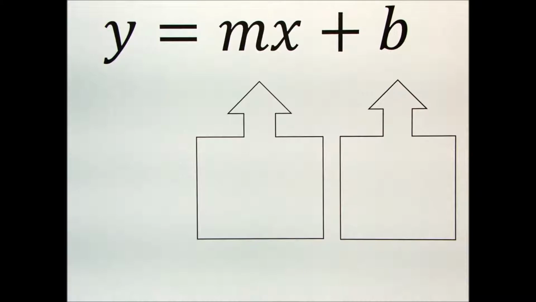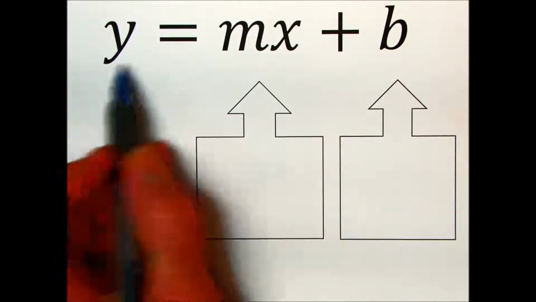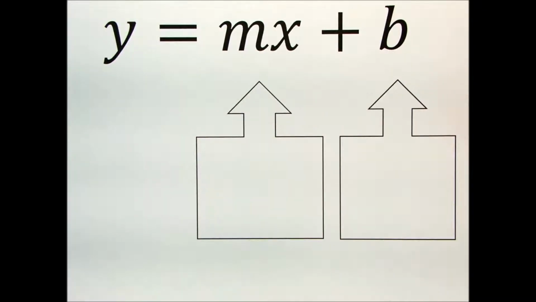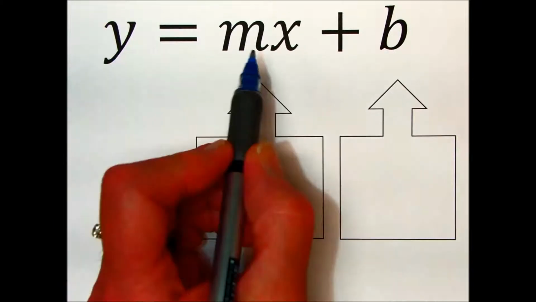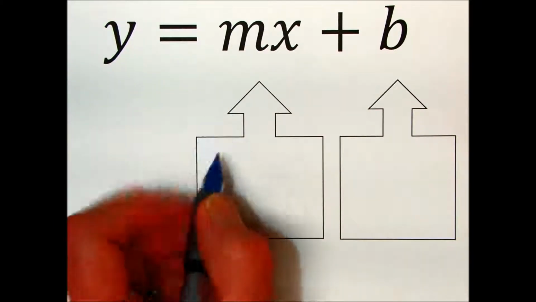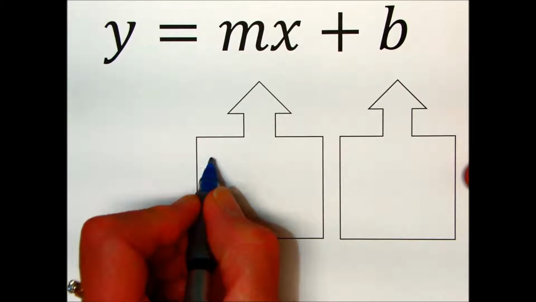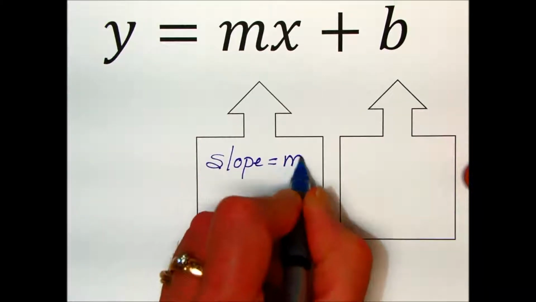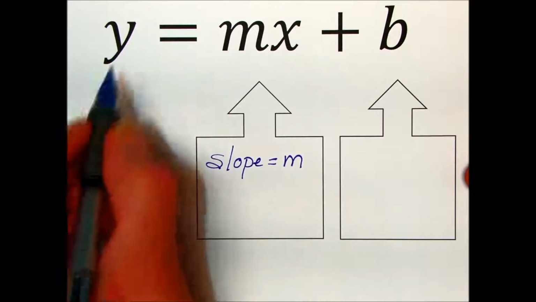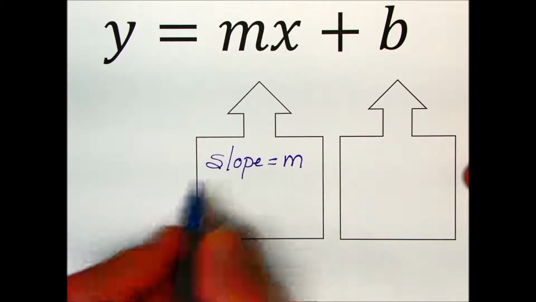To do that, we want to do a little refresher of graphing a linear inequality by looking at a linear equation in slope-intercept form. When you have y by itself, you can determine the slope of this equation by setting it equal to the coefficient on the x term, again provided y is by itself.